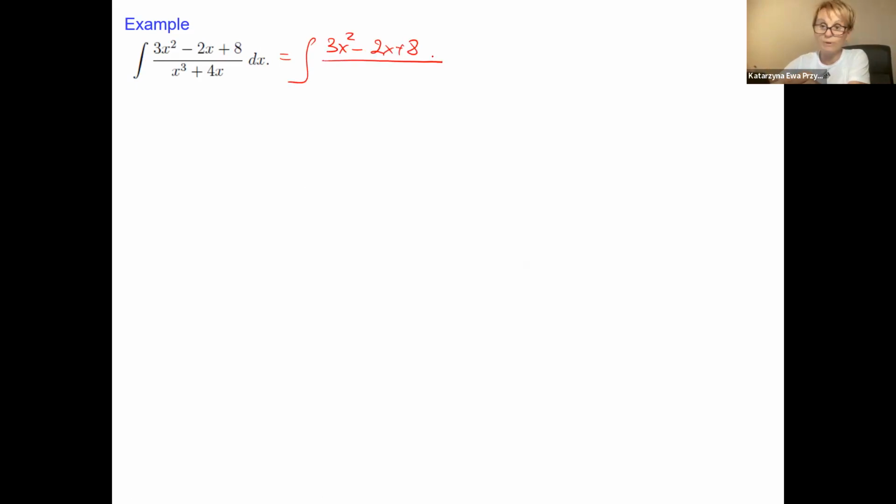It's definitely a proper rational function. And we remember, we always start by trying to factor the denominator. We have 2 factors, x and x squared plus 4. The quadratic is irreducible, we cannot factor it further.